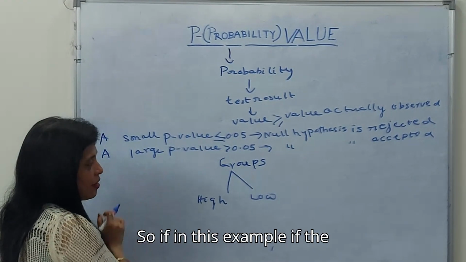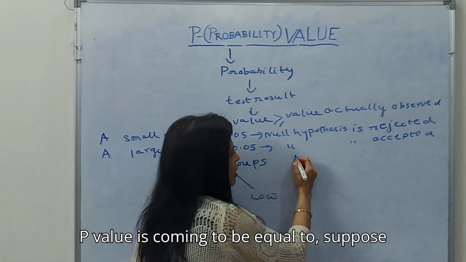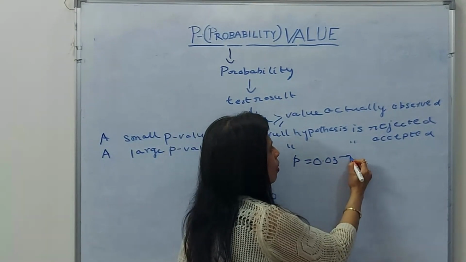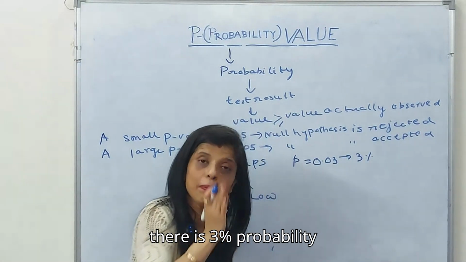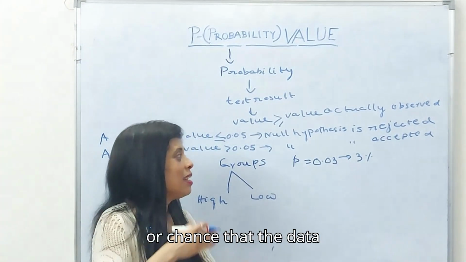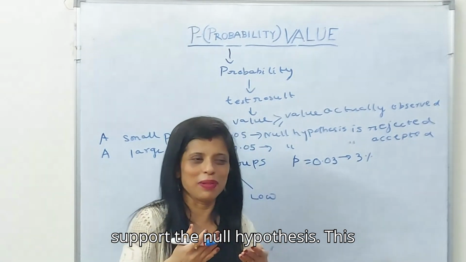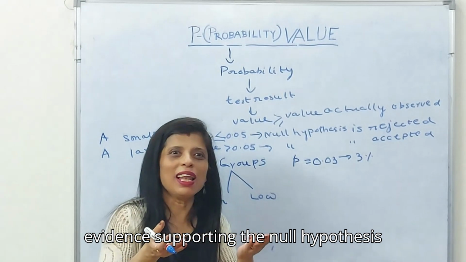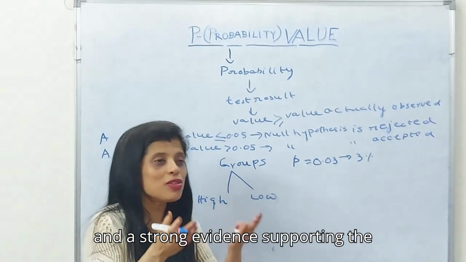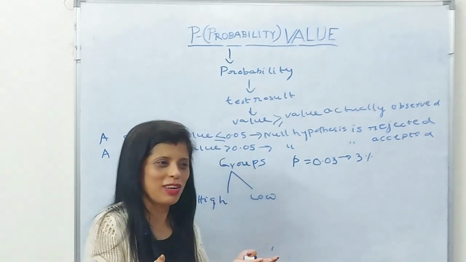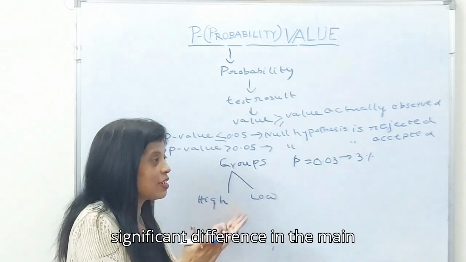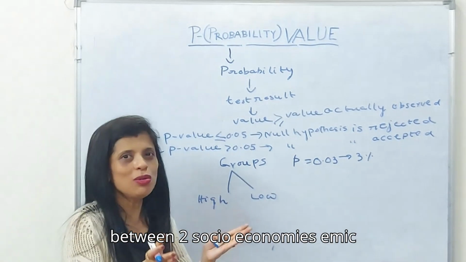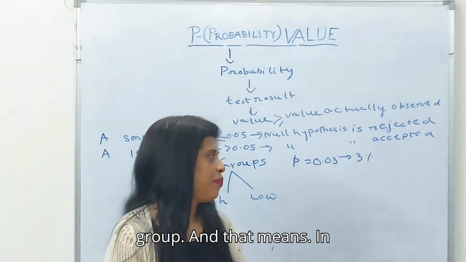If in this example the p-value is, suppose, equal to 0.03, it means there is 3% probability or chance that the data support the null hypothesis. This means that there is weak evidence supporting the null hypothesis and strong evidence supporting the alternative hypothesis, leading to the conclusion that there is a significant difference in the mean values of birth weight between the two socio-economic groups.